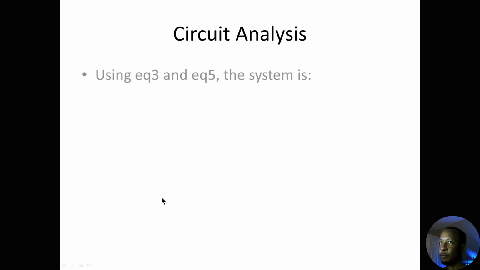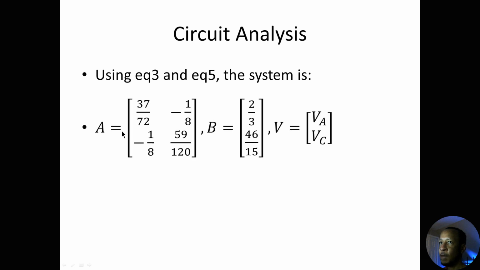And so using equation 3 and equation 5, the system is A matrix equals 37 over 72, negative 1 over 8, negative 1 over 8, 59 over 120. Vector B is equal to 2 over 3, 46 over 15. And vector V equals VA and VC.